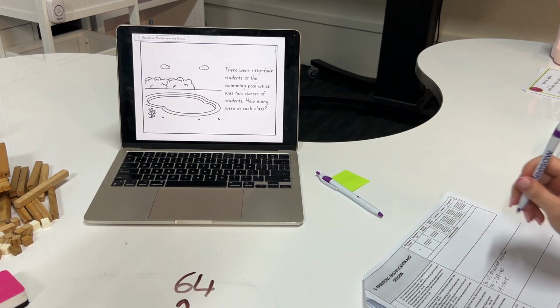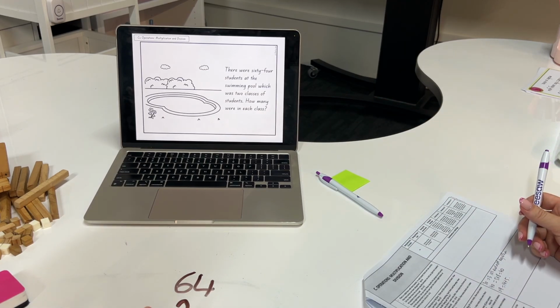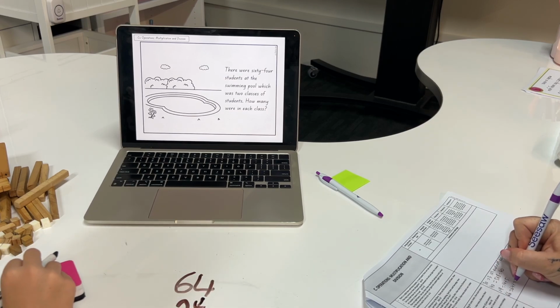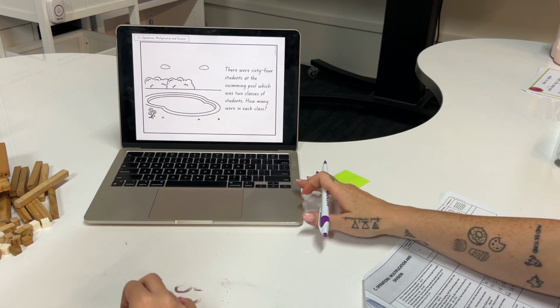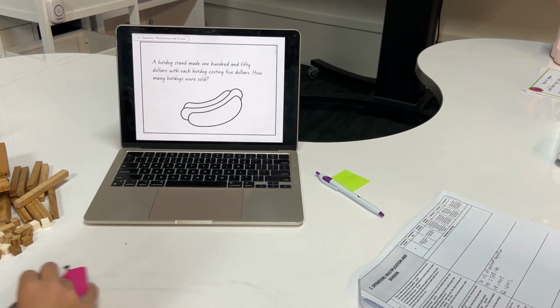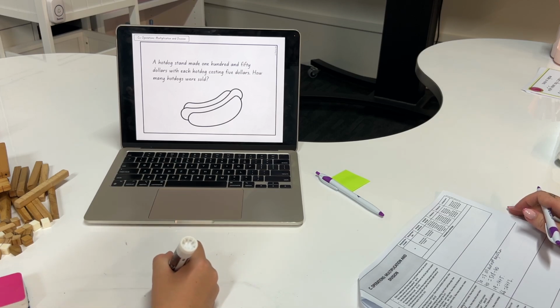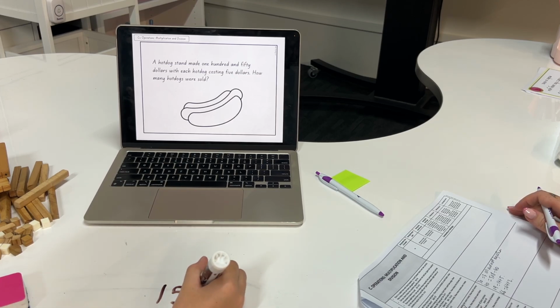How many were in each class? 66. 66? How'd you get 66? 64 plus 2. Okay, awesome. Good try. Well done. Last one here: a hot dog stand made $150 with each hot dog costing $5. How many hot dogs were sold?